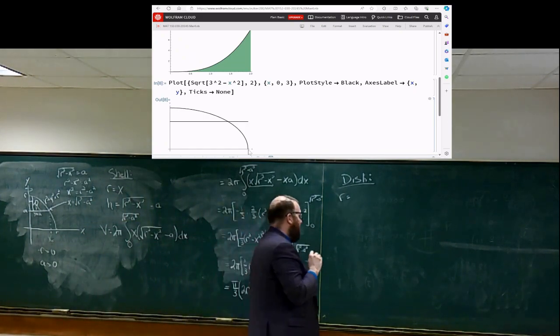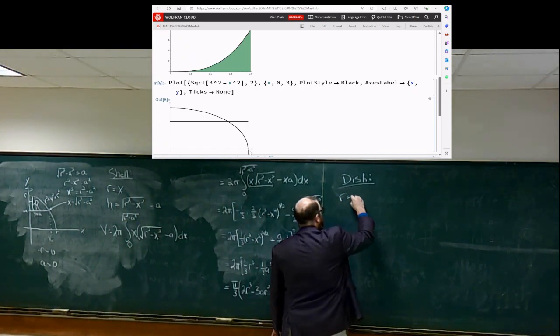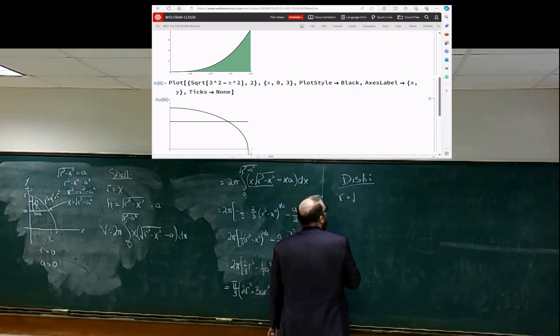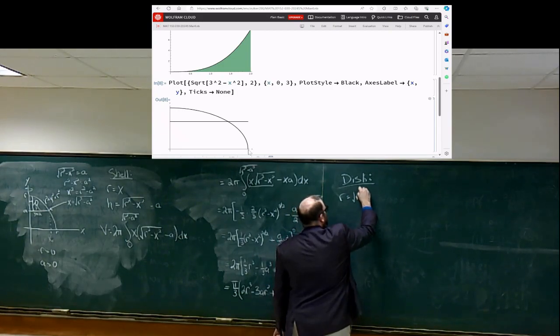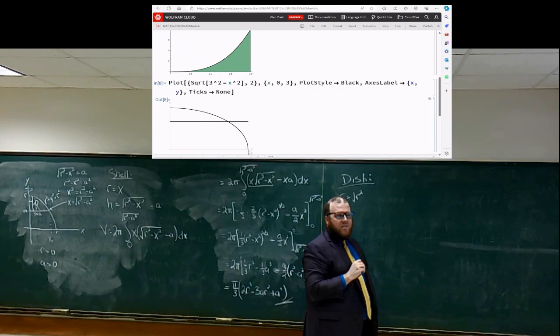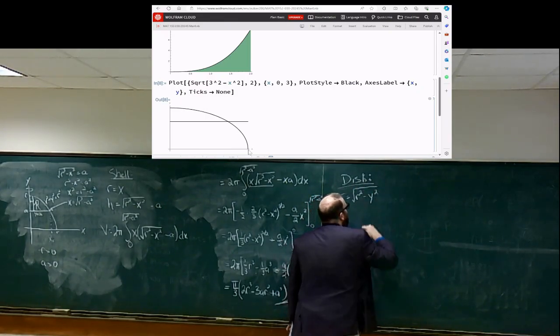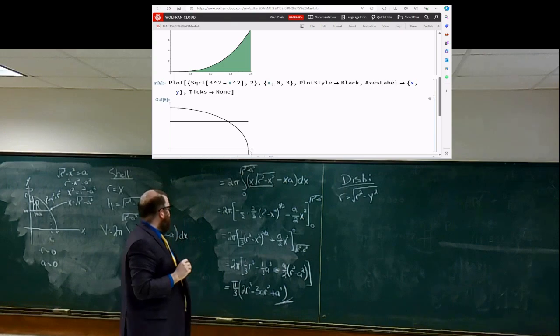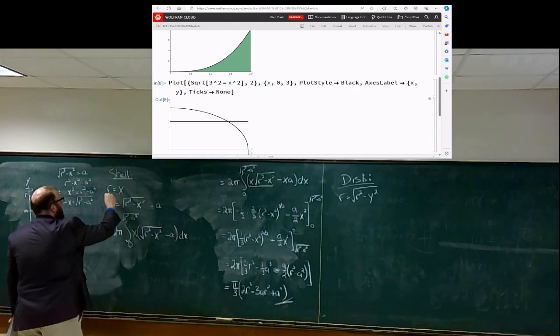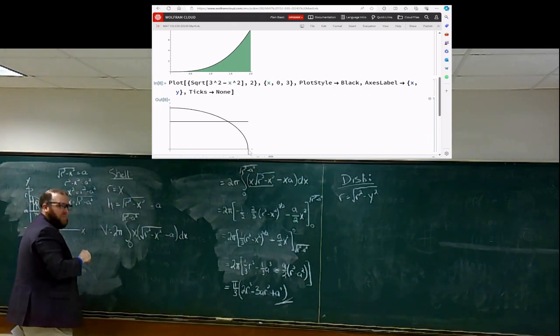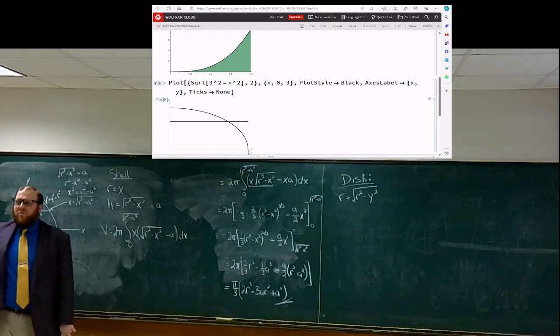Should it still just be the function, radical r squared minus a squared, minus y squared? Yeah, because I need a function of y. I just realized I probably should have been using r prime or something to differentiate it from the radius of the sphere.